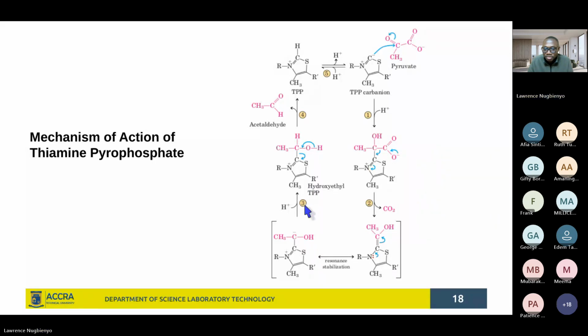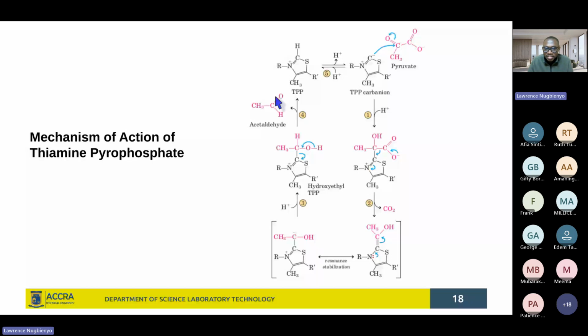When we take arrow number 3, we notice that you are having some hydrogen ion coming in there. And that hydrogen ion comes in to bind onto that carbon, which was having a negative charge on it. So you now see there's a hydrogen that is bonded on that molecule.